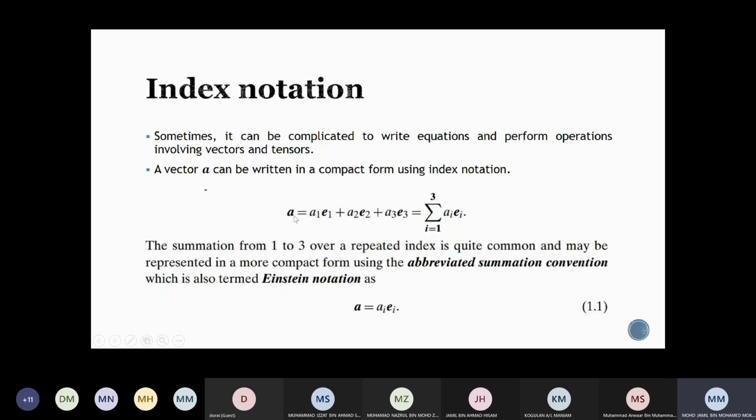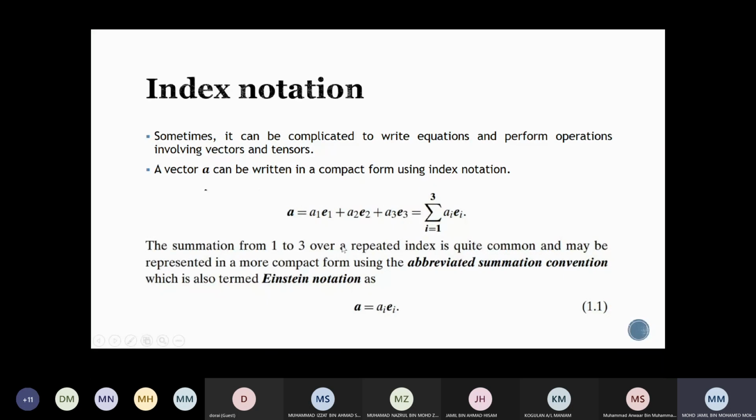So just now A equals A1 E1 plus A2 E2 plus A3 E3. We can write this as a summation from I equals 1 until 3 of AI times EI. Okay, so this means dia tambahkan je A1 E1, A2 E2, A3 E3.